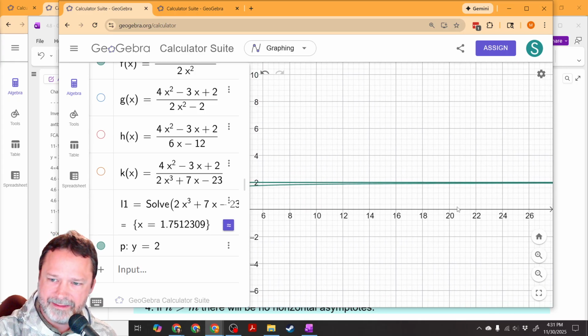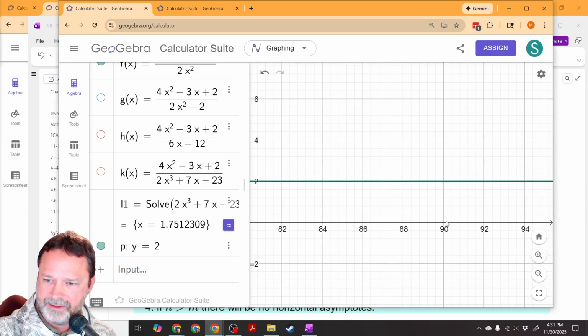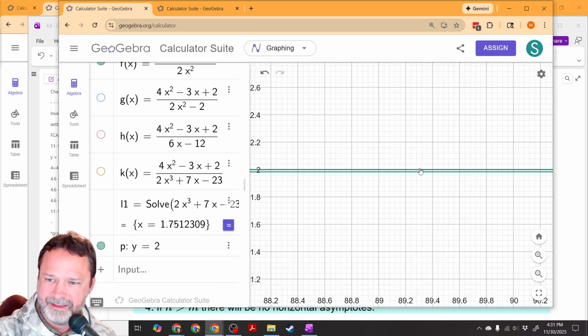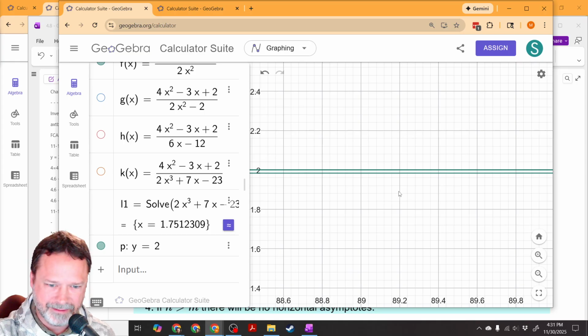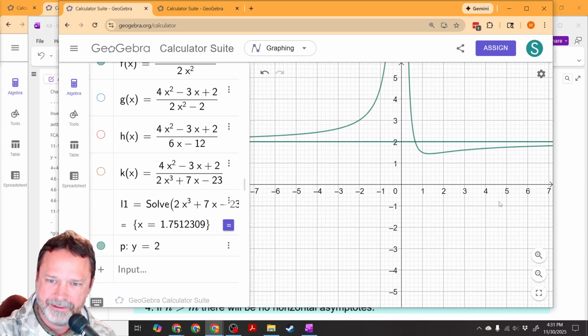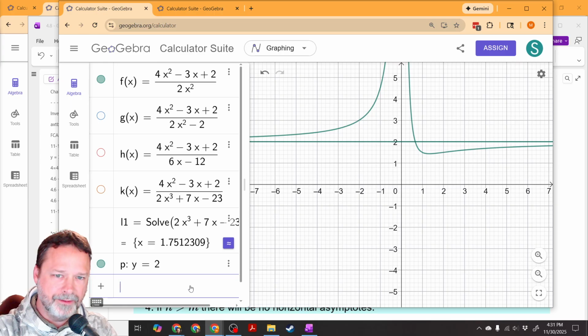And we can see if we keep going and going, it gets closer and closer to that. We can zoom in here and see that they don't actually touch. The graph never touches that line at y equals 2, but it gets closer and closer. And it makes sense because let's say we want to plug in a value for f of x.